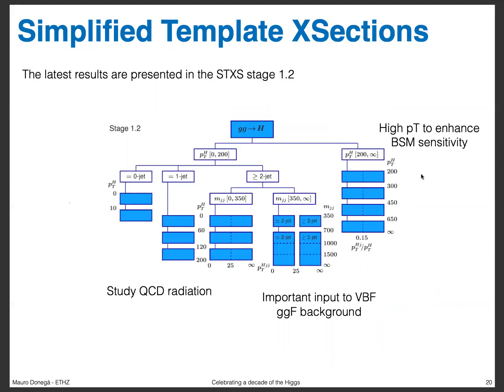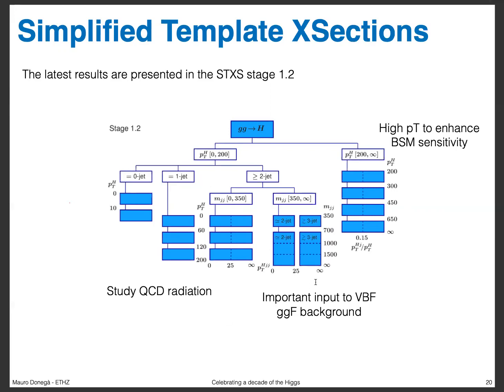1.2 is now quite a detailed description in terms of bins. So for instance, here for gluon fusion, you're separating out what we call high pT from low pT with a cut around 200 GeV. And the high pT binning is essentially there to test for possible BSM. Then the low pT is split by number of jets and pT with the idea of studying essentially QCD radiation.